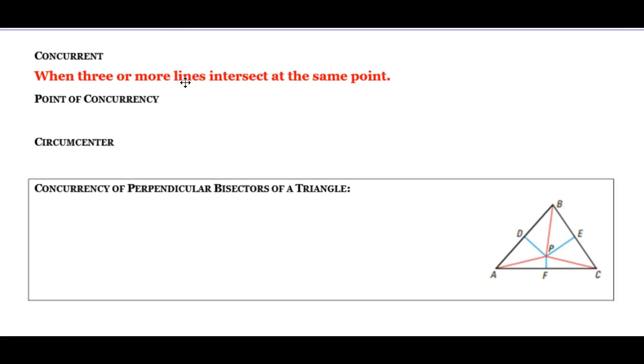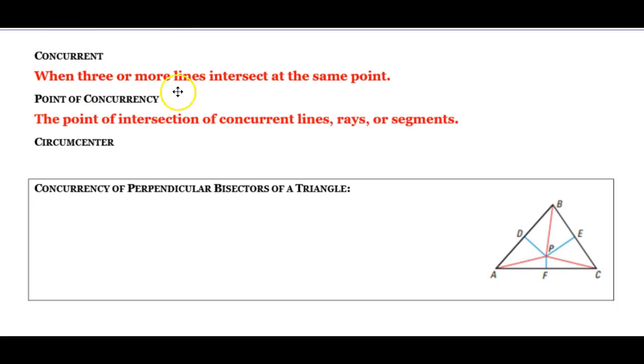But if you had 3 or more roads intersecting, then where they intersected, where the stoplights all were, that would be their point of concurrency. But those 3 streets would be concurrent. Their point of intersection is going to be the point of concurrency.